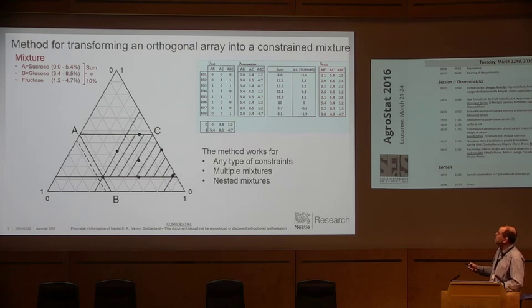Just applying exactly what we did before on this much more complex situation, we end up with these 8 points, because this again is a doubled point, where we can basically project always a cube in whatever restrained domain, and that's what I try to say here. It works for any type of constraint. We use that for multiple mixtures. We use that for nested mixtures, and always you just have to make a simple, stupid calculation.